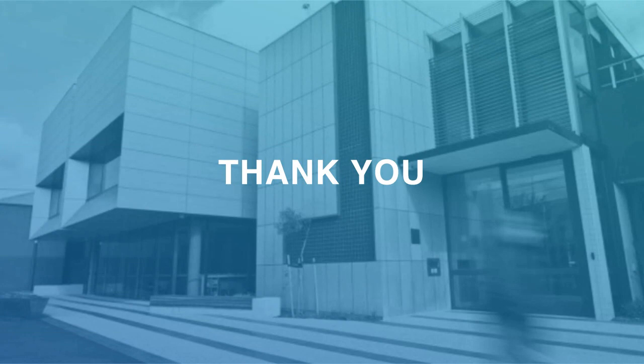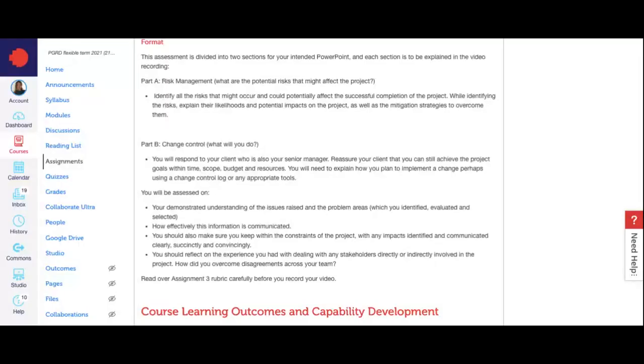Okay, so part B, you will respond to your client, who is also your senior manager. Assure your client that you can still achieve the project goals within time, budget and resources. So this is you looking at what you have already provided in assignments 2A and 2B, and making sure that you will still manage to achieve the project after you've heard about the urgent news, within time, scope, budget, and resources.